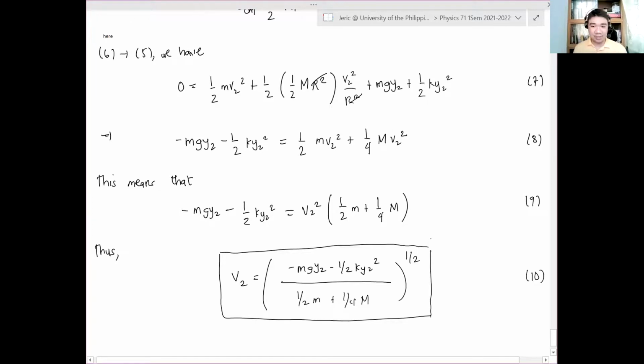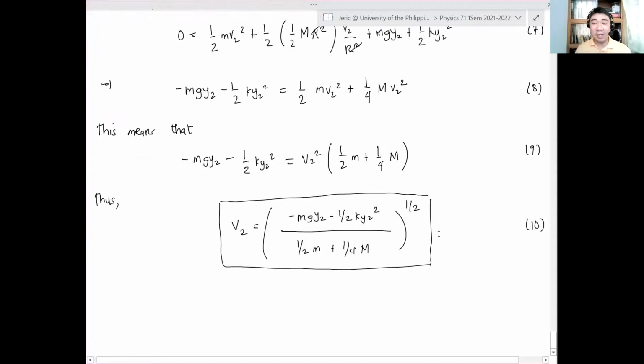Okay. Now, what are the given quantities? Remember, we haven't been given any sign for y2. So y2 here should be negative 1.00 meters because the box is lowered from its original position, therefore the height should be negative.